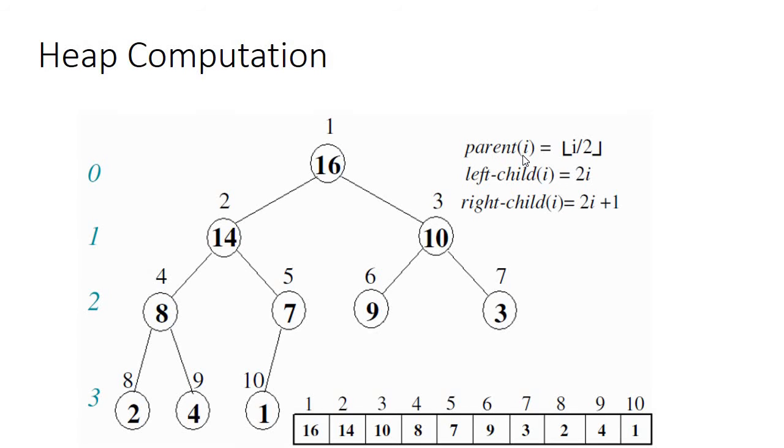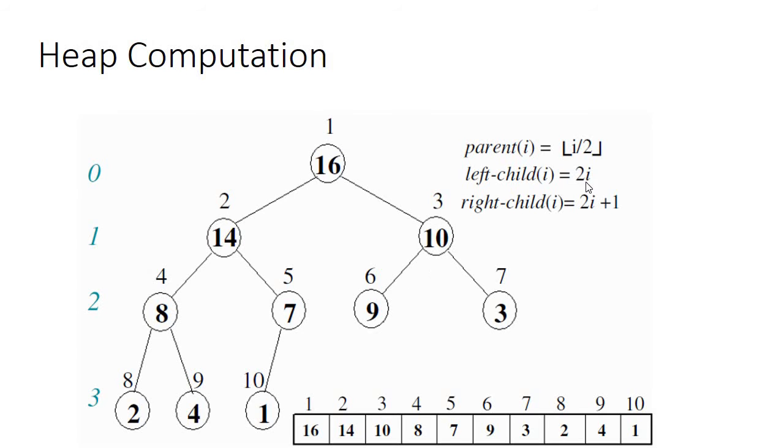Parent of i, where i is the index. For example, if we are talking about 10 having the index 3, what shall be the parent value? 3 divided by 2 is 1.5, and we take the floor, so it becomes 1. So this is the value 1. How can I get the next value?